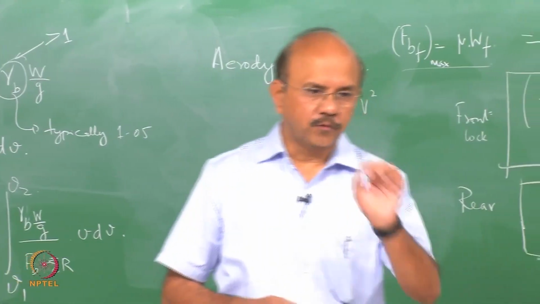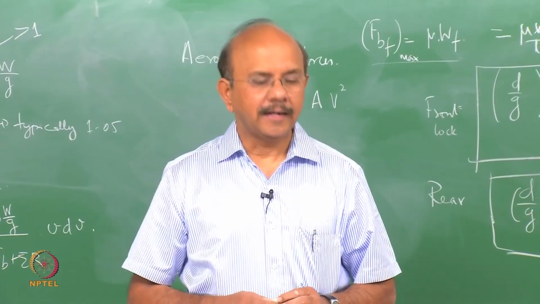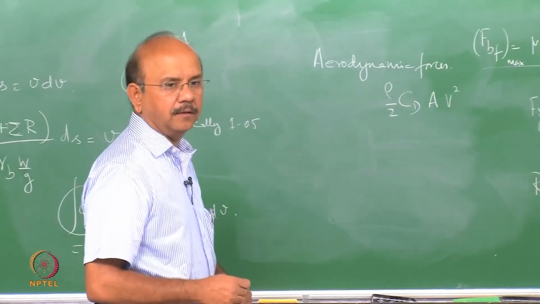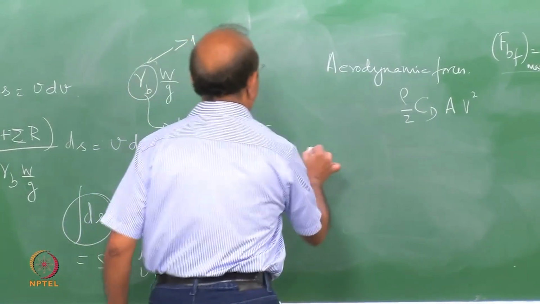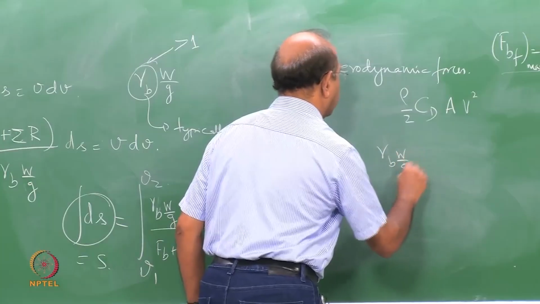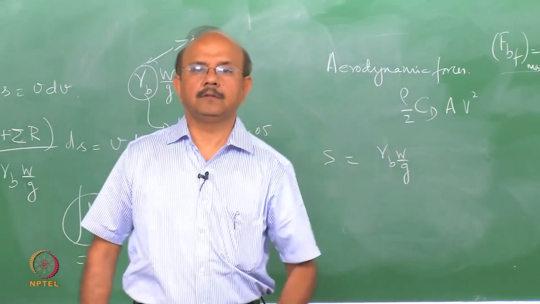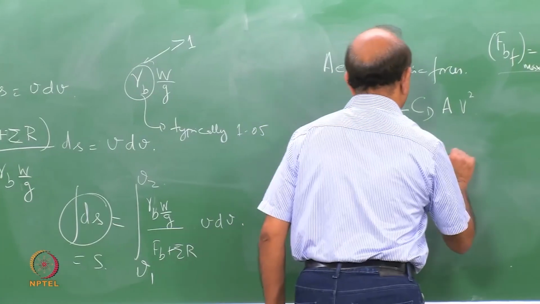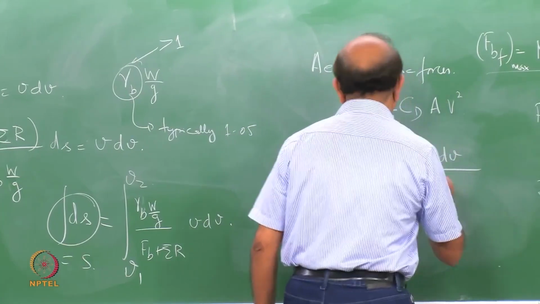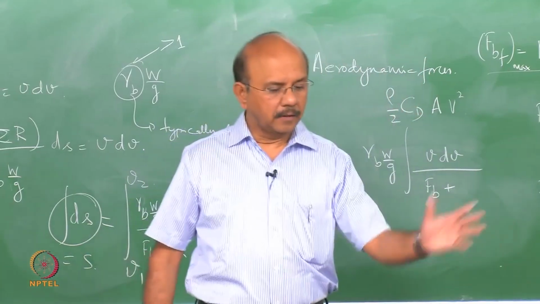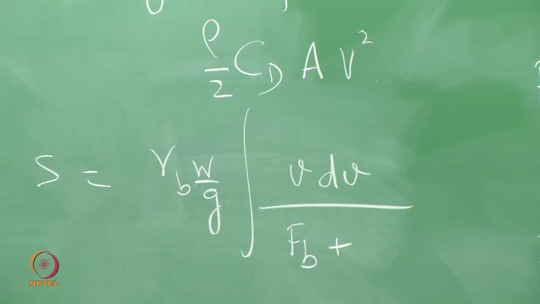Right. So, since V squared is there, I can't take that out of the integral. So, I have to rewrite that integral to be s equal to, I can take out the first term, and then write this as integral V dV divided by Fb plus, write down all that you have for R.